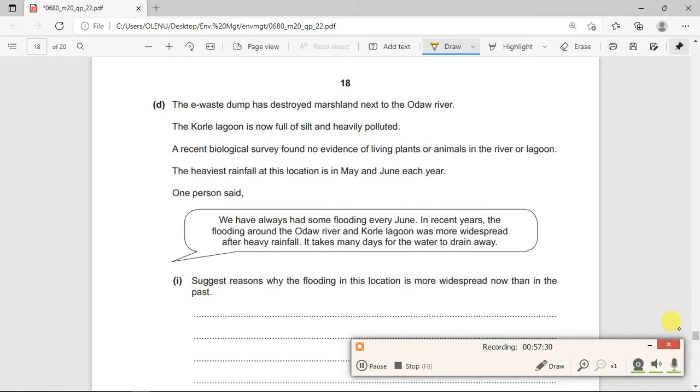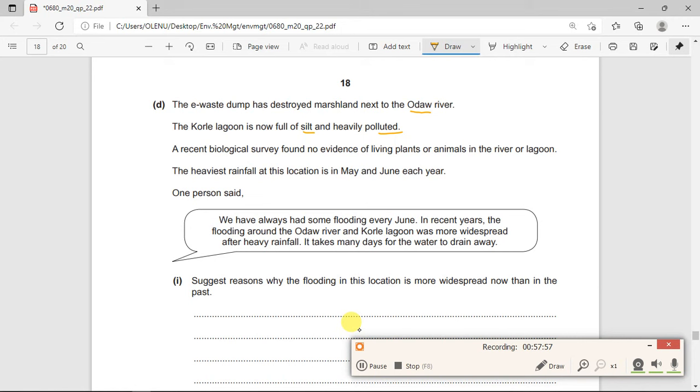Now, the next question here is, the e-waste dump has destroyed marshland next to the Odell River. The Kali Lagoon is now full of silt and heavily polluted. A recent biological survey found no evidence of living plant or animal in the river or lagoon.